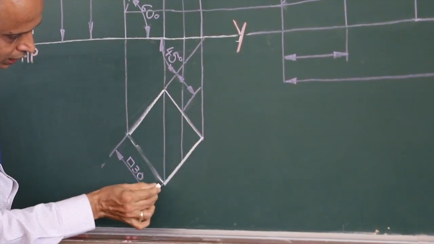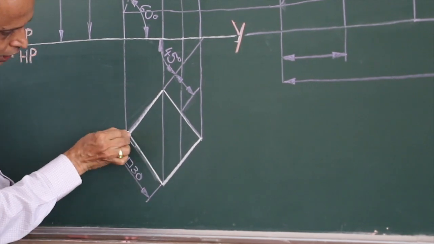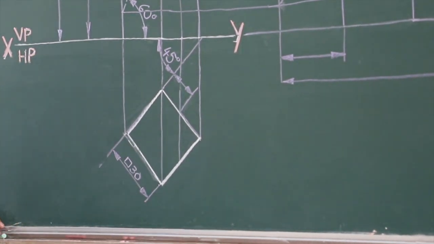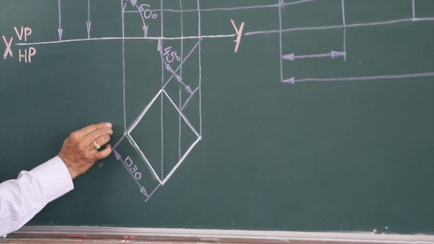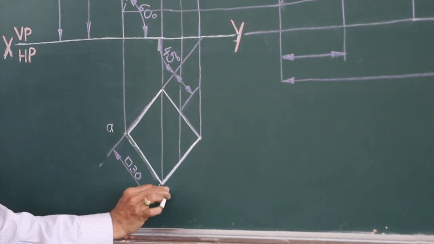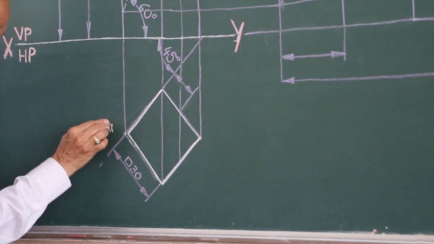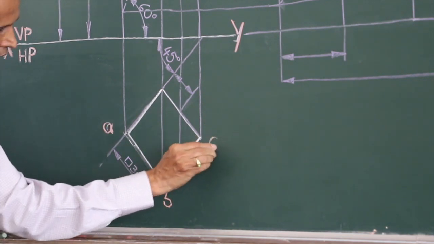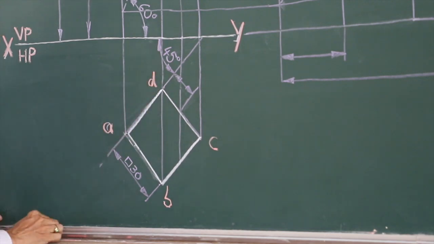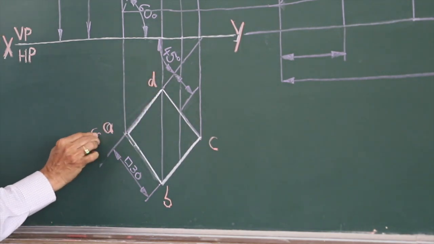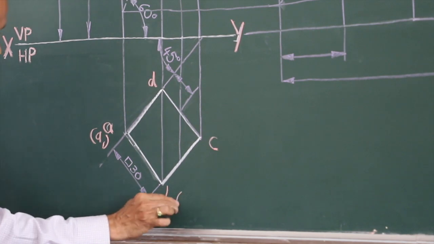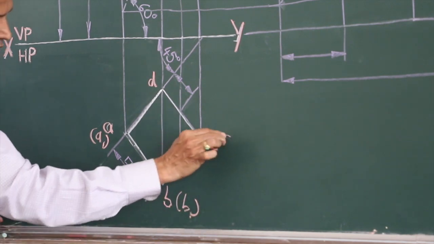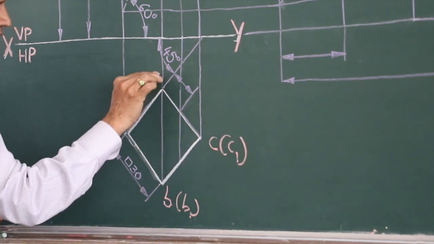It is a continuous thin line. I told you white chalk is for continuous thin lines. And name these points. Suppose the top face of the prism is A, B, C and D. Invisible points at the bottom are A1, B1, C1 and D1.